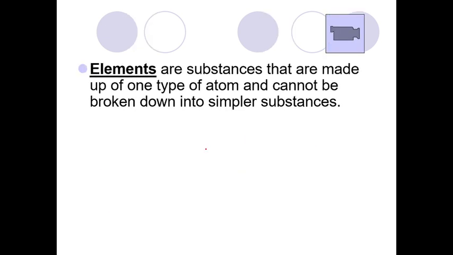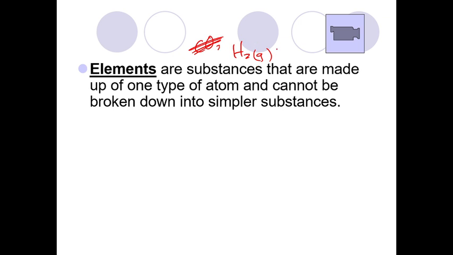Good. So what are elements? Elements are substances made up of only one type of atom that cannot be broken down into simpler substances, whether in a chemical reaction or physically. If I give you hydrogen as a gas, that is an element.